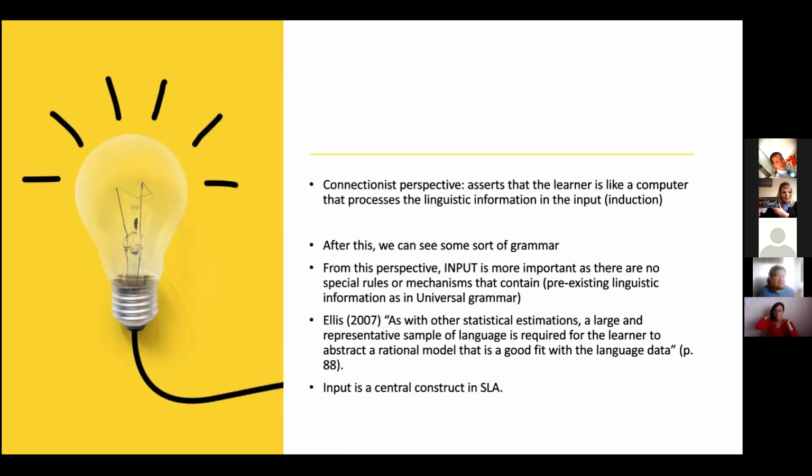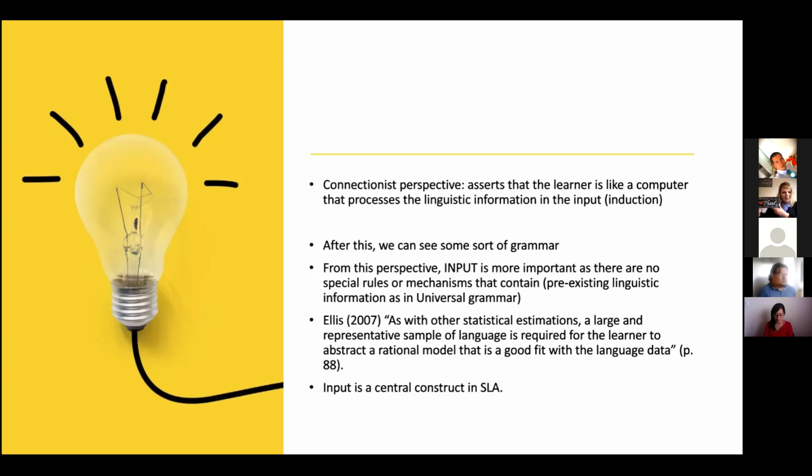After this process and after a lot of input, they can see some grammar, okay? But as we heard before, not given in an explicit way. It should be implicit after a lot of exercise. That's what we need to remember. That's why I think it's necessary to highlight this part.